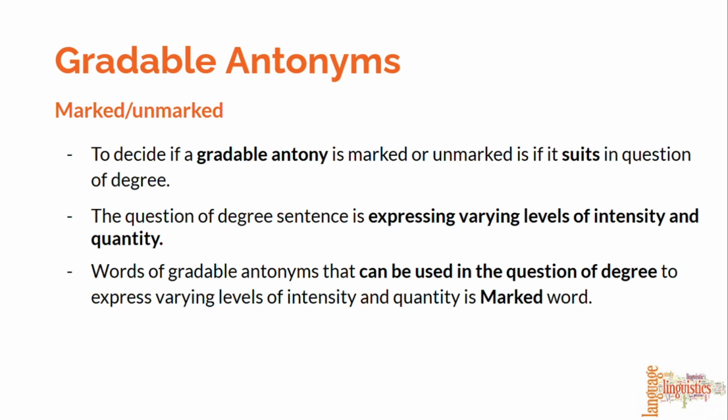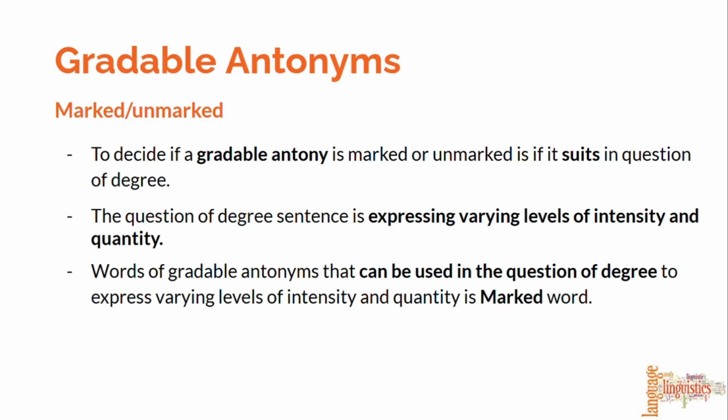Talking about gradable antonyms, here's another concept, not that important, but it's good to point it out. It's about the marked and unmarked gradable antonyms. So the concept of marked and unmarked gradable antonyms has 3 key points.